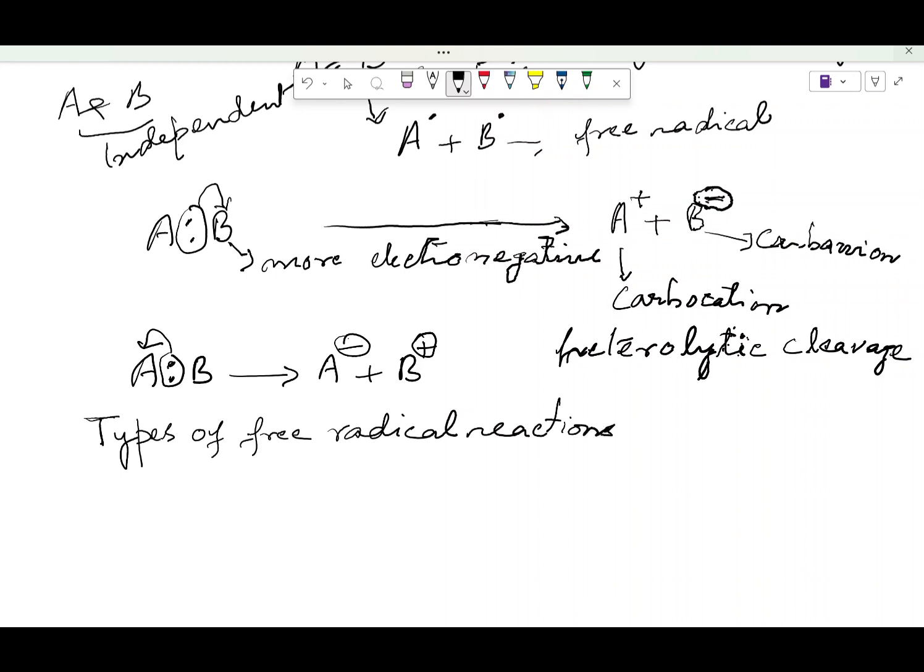Normally, the free radical reaction has three types of steps. Number one is the initiation step. Second is propagation. And the third is termination.